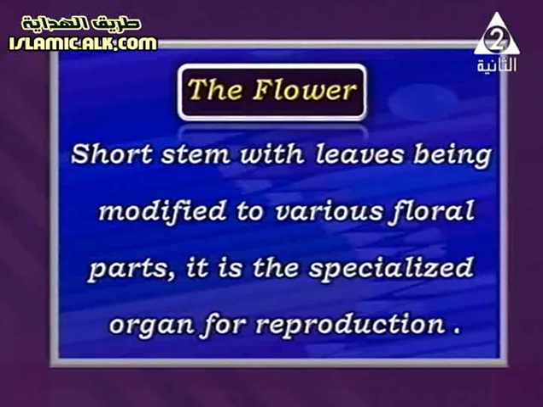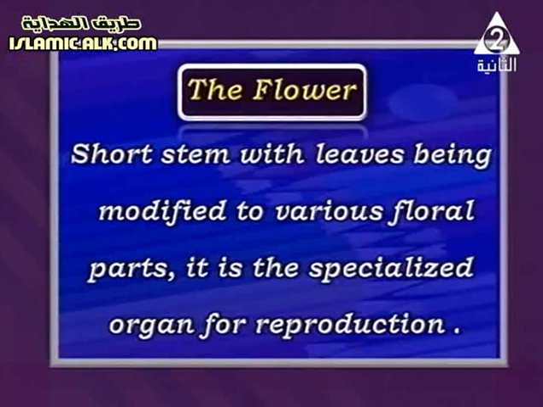Get the difference? Like here, the short stem, we have a part of the stem which is compressed together, okay? And the leaves on this stem change or modify to form the flower. So the origin of the flower begins as a short stem.